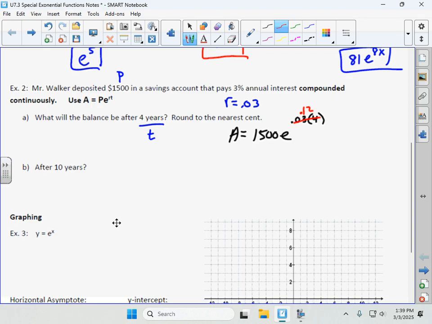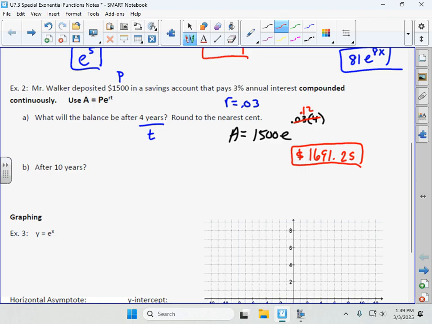Then 1500 times e: you go second ln, then e to the 0.12 power. Enter. We're going to round to the nearest cent, so that's 2 decimal places. It looks like it's going to be $1,691.25.